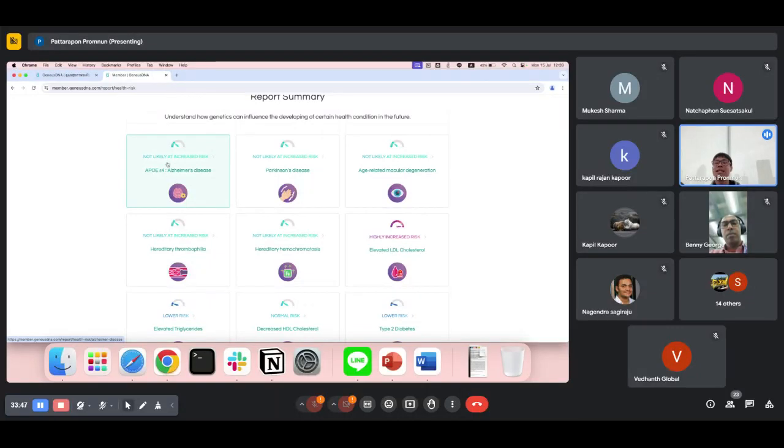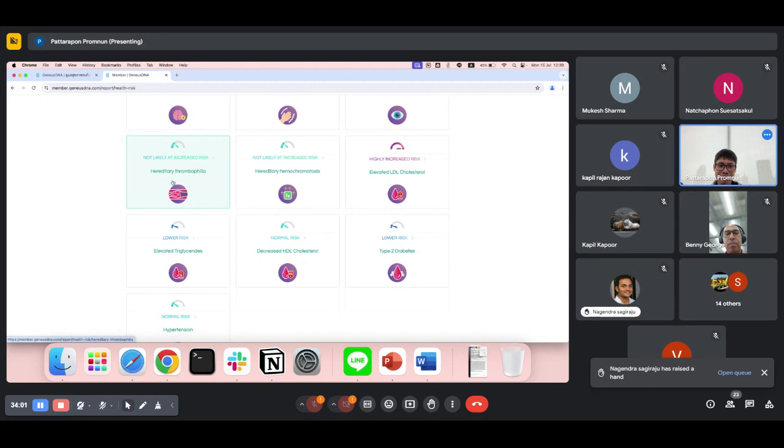This is the same gene that we test. This gene is called the APOE gene for Alzheimer disease. This is important news for that actor. And like you see, I have increased risk of elevated LDL cholesterol, so I have to exercise more.